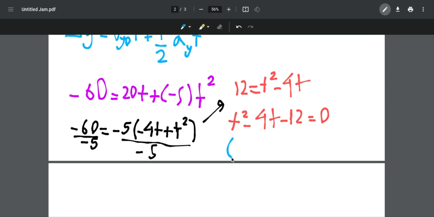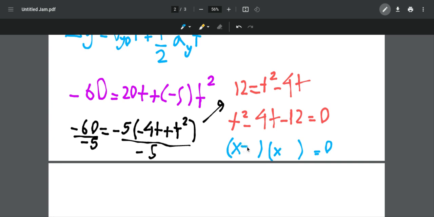Now we can solve this equation very easily because we can factor it. I rewrite here x, in parentheses, x, in parentheses, equal to 0. What two numbers multiply to be negative 12 and add to be negative 4? Those two numbers are negative 6 and 2.